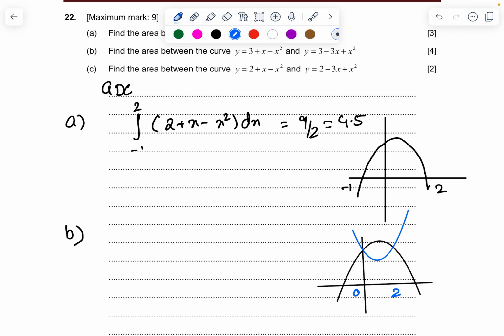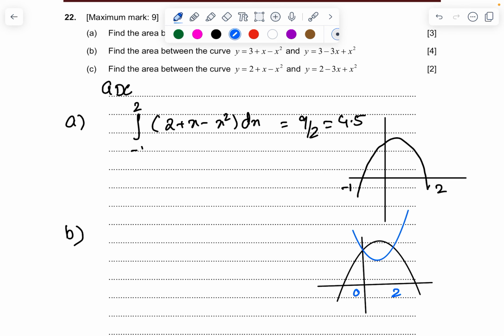Then I use the calculator to solve that one and use the lower limit as 0 and the upper limit as 2, and then I'll be getting the answer as 44 upon 3.